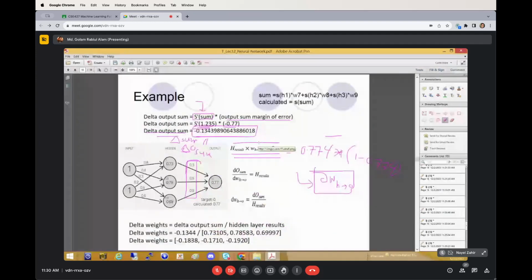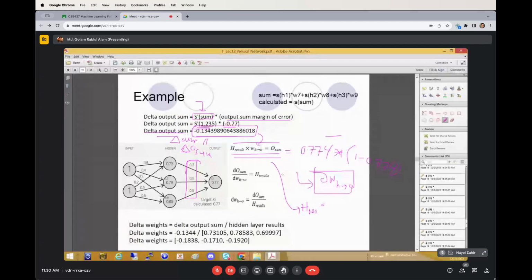From this equation, if we take the derivative with respect to W, so it will be H results times 1, because we are taking the derivative with respect to WHO.